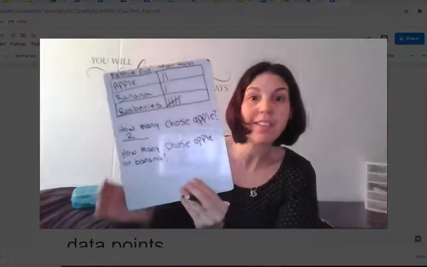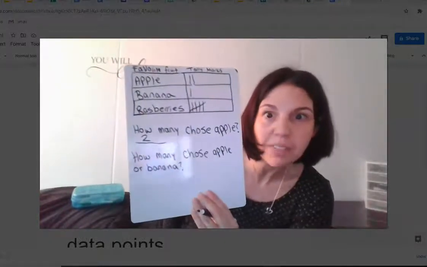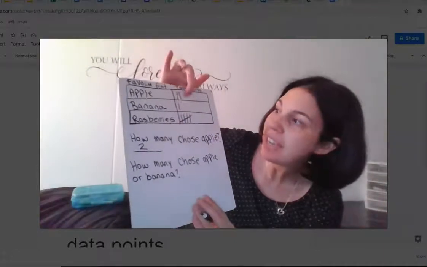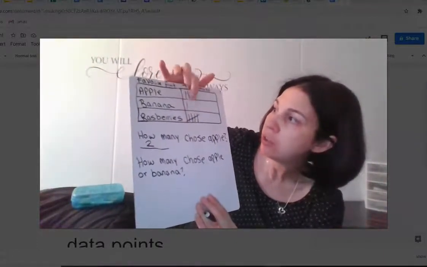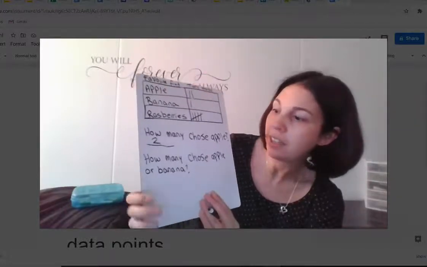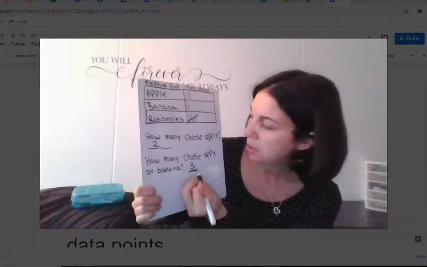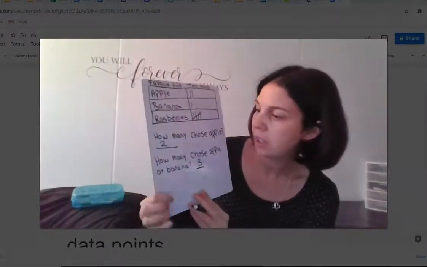So the way we figured this one out, how many chose apple or banana? That means we have to count both of those. How many chose apple and how many chose the banana? So we have 1, 2, 3. So 3 animals chose apple or banana.